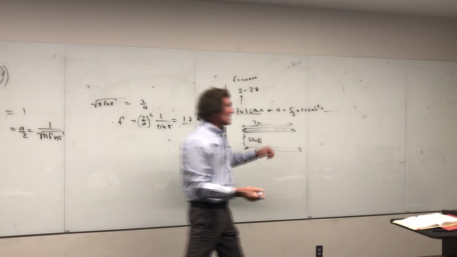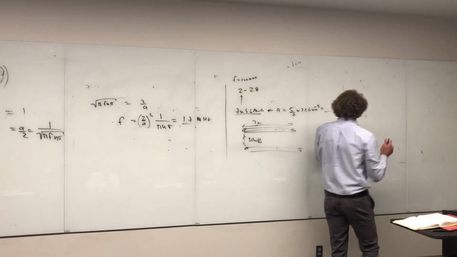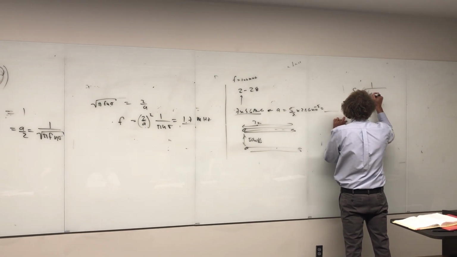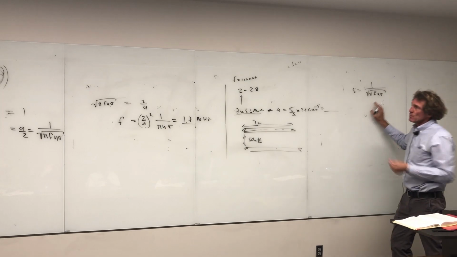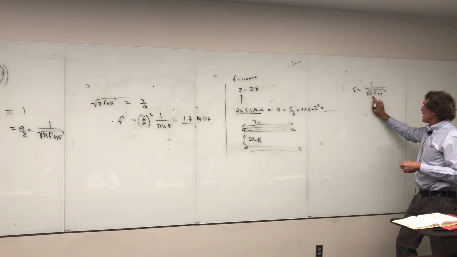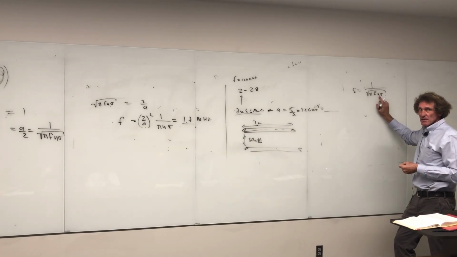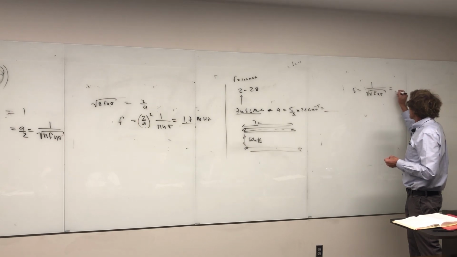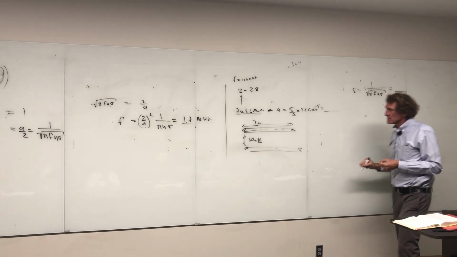So for the skin depth, that's going to be 1 over the square root of pi f mu sigma. Here, f is 100 megahertz, or 10 to the 8th. Pi, mu is 4 pi times 10 to the minus 7th. And sigma is 5.8 times 10 to the 7th. So you give me this number, and give me that number.